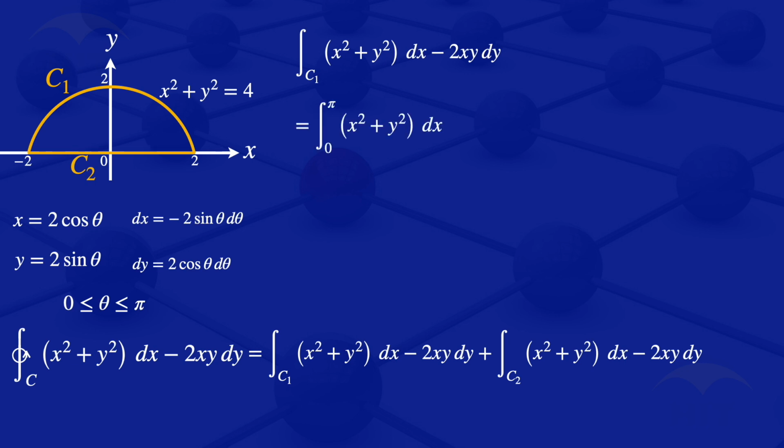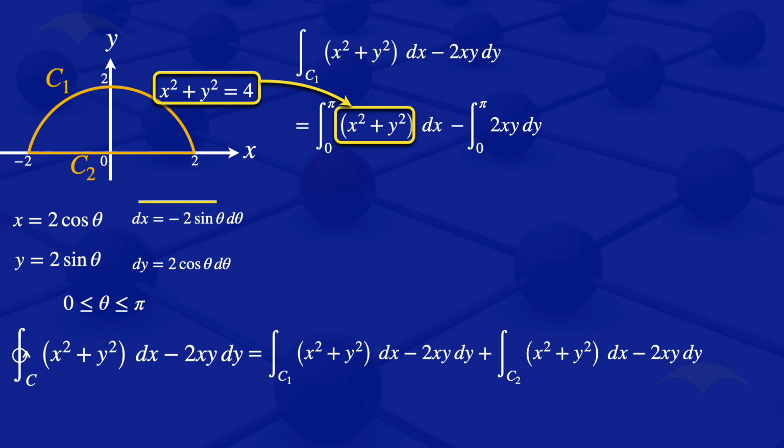So I can write it as the integral from 0 to pi of (x squared plus y squared) dx, minus the integral from 0 to pi of 2xy dy. From the equation that defines the curve, x squared plus y squared equals 4, so we can put a 4 there in the integral.